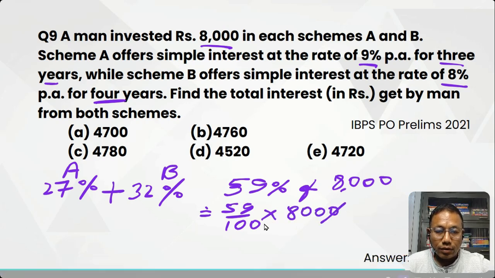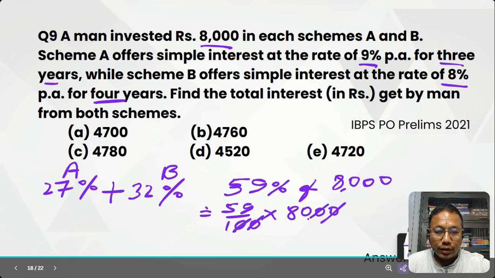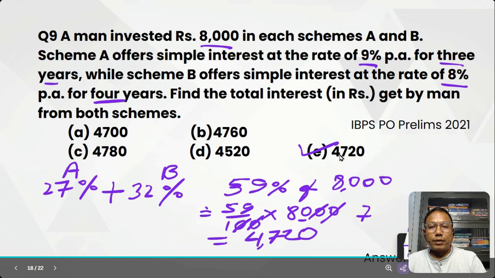Cancel the zeros, we can cancel. Multiply with 8. 8 nines are 72, 7 in hand. 8 fives are 40, 47. One more 0. 4,720. E is the right answer.